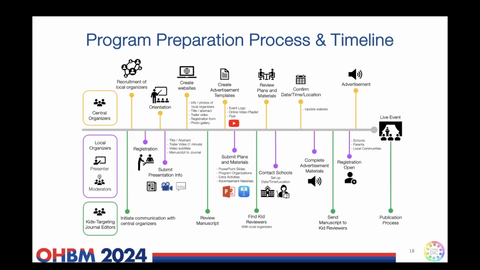They have to submit the title, abstract, the list of organizers, and a 1 minute short trailer video with subtitles. And sometimes, if they want to submit the manuscript to the journal, they have to let us know about the topic and contents of the manuscript.